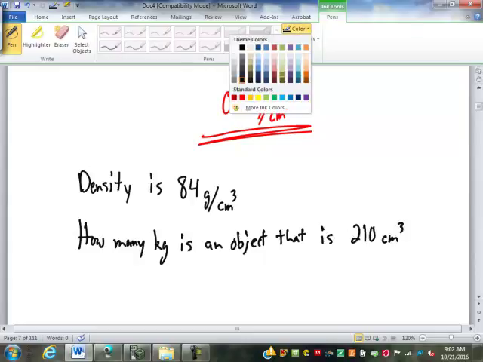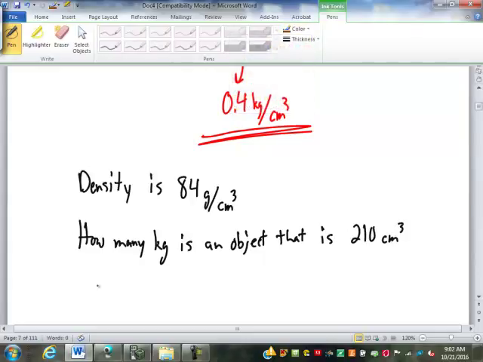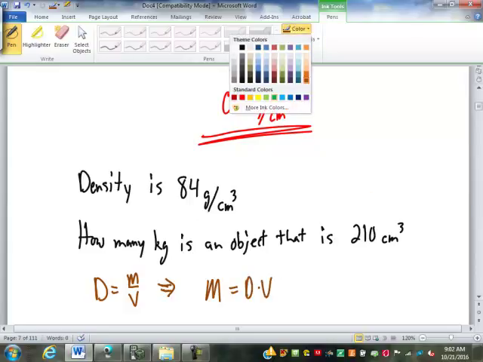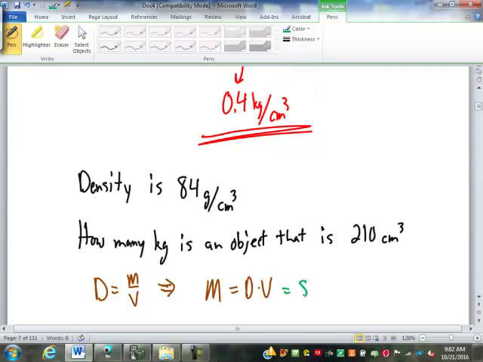Well, density is mass divided by volume. Mass, if I multiply by V, is density times volume. So I know my density, 84 grams per cubic centimeter, times my volume of 210 cubic centimeters.